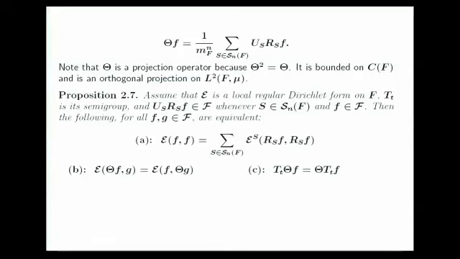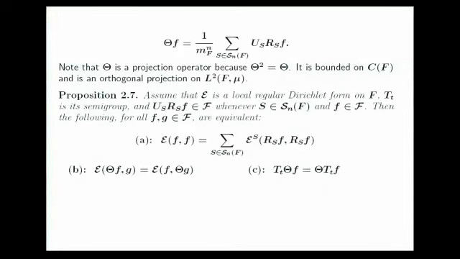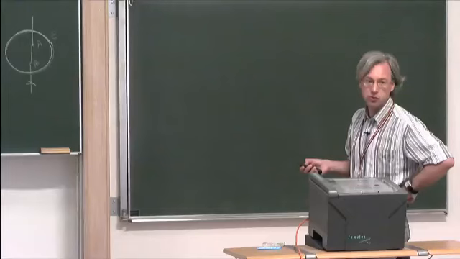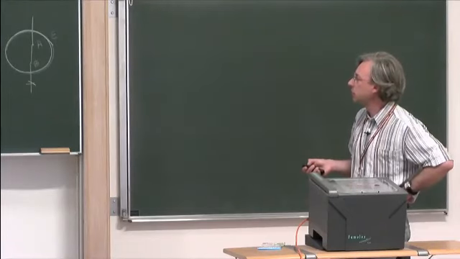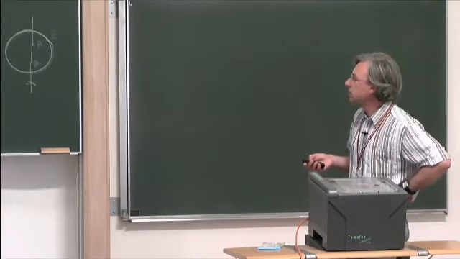And basically from this commutativity relation, in a lot of steps we can obtain this uniform estimate. Yeah, and of course, as usual, if something commutes with Dirichlet forms, then semigroups also commute. And then from the commutation relation for semigroups, one can obtain some estimates.